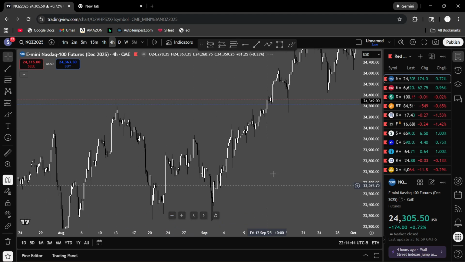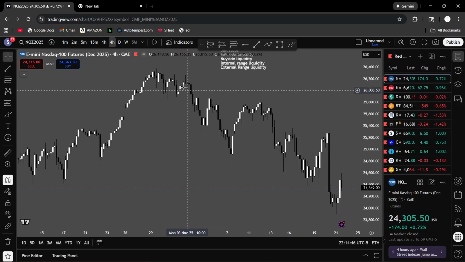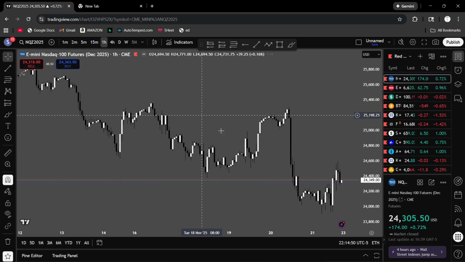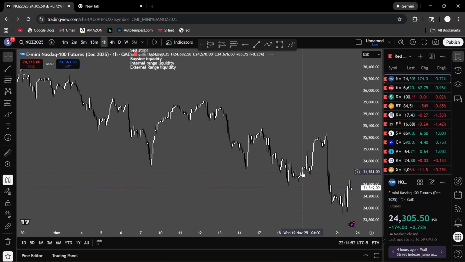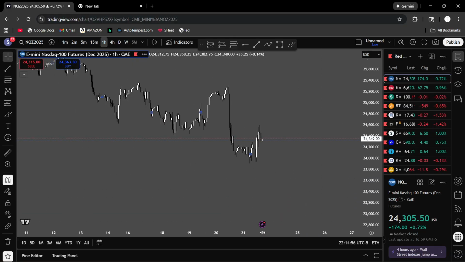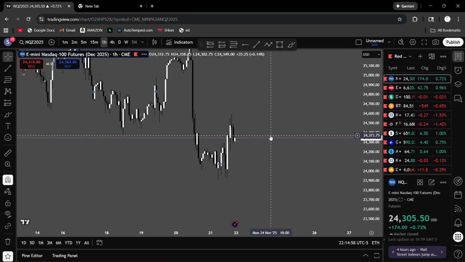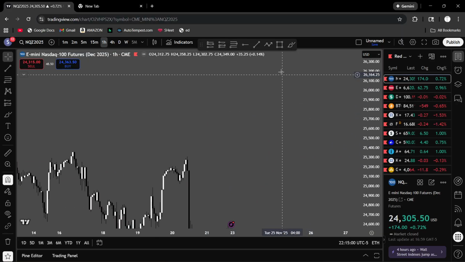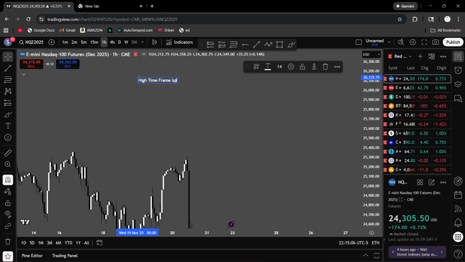And as I said before, time is fractal. What does that mean? That means whatever happens on one time frame will happen on all time frames. Now that doesn't mean all liquidity is the same, and quite frankly, it's not. What you really want to see when you're planning to execute a trade is some type of high time frame liquidity. Now, what do I classify as high time frame liquidity?